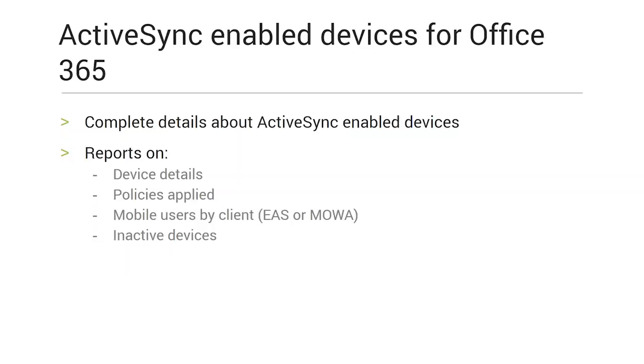Because of this, there are so many PowerShell scripts, so many CSV files and Excel spreadsheets that we should look at in order to be able to manage each device configured with Office 365. It is to avoid this work that Exchange Reporter Plus has the Office 365 Active Sync reports.